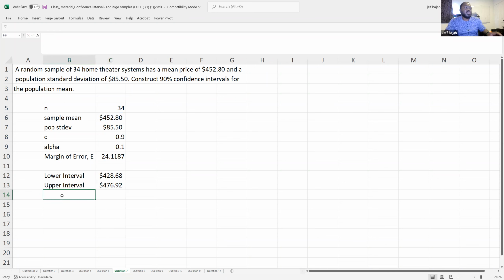So if you are creating your confidence interval here, we can see that our confidence interval lies between $428.68 and $476.92.